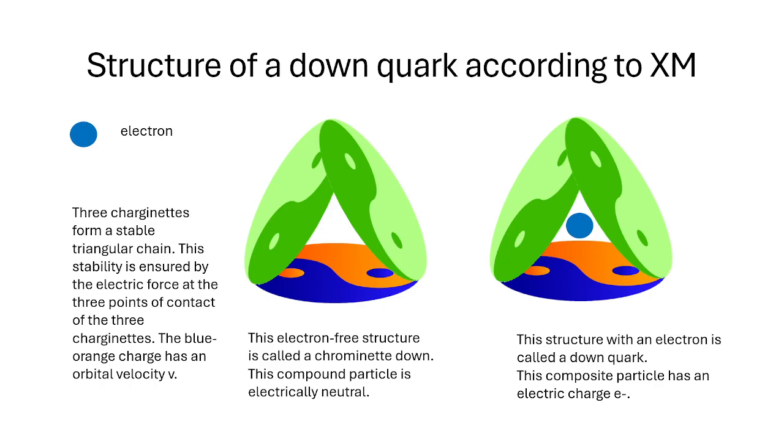This electron-free structure is called a chrominate down. This compound particle is electrically neutral. This structure with an electron is called a down quark. This composite particle has an electric charge E-.